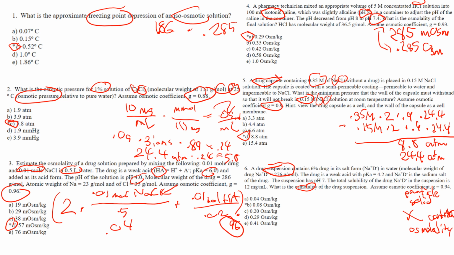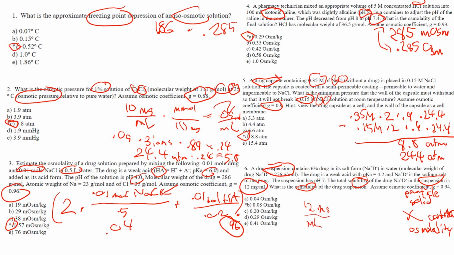Because it's kind of just floating around in solution. It's not dissolved. It doesn't add anything else. So it's only the drug that's kind of soluble in the suspension, which we have is 12 milligrams per milliliter.